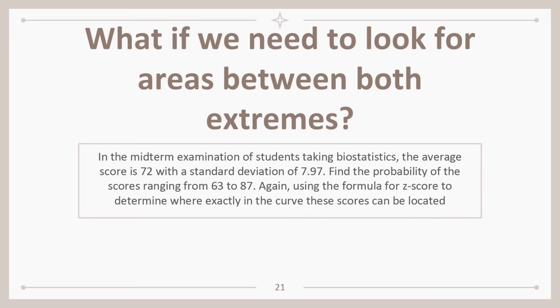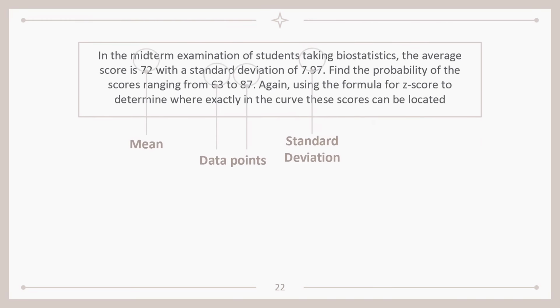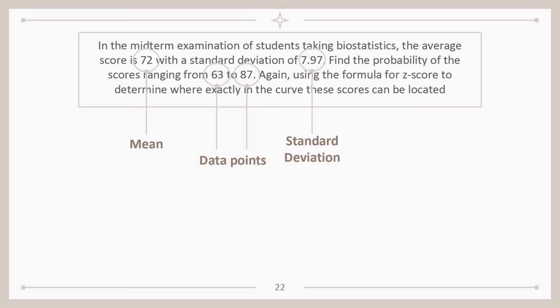So let's identify first the given values. Now your mean is 72 and your standard deviation is 7.97 as circled here. Now, the only difference from the first sample problem is that this time we have two data points. You have 63 and 87.